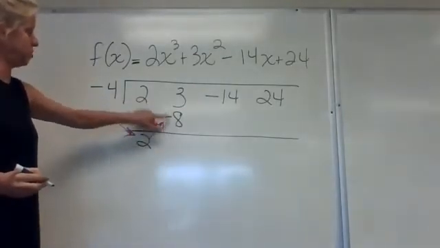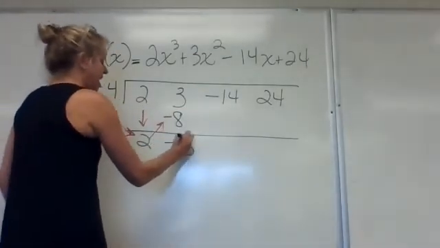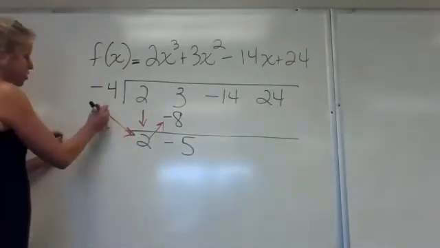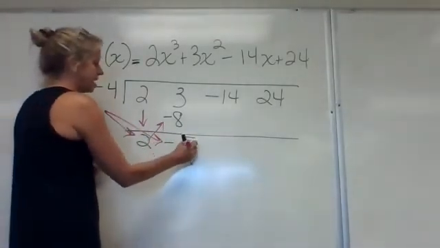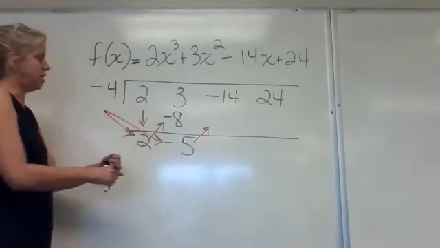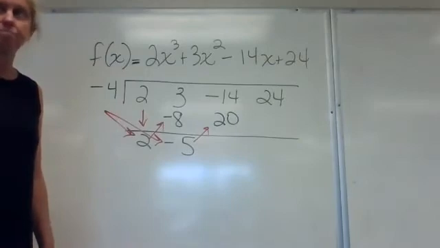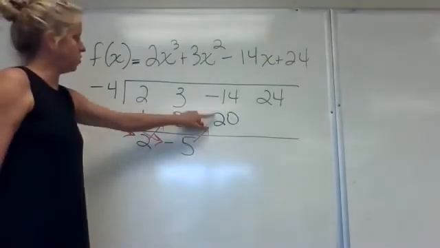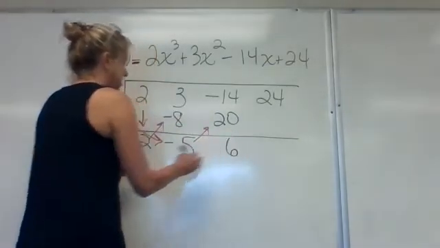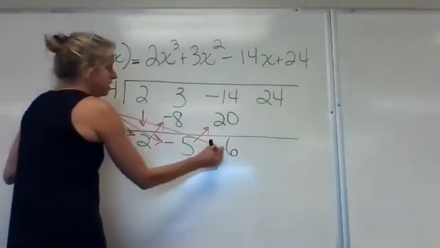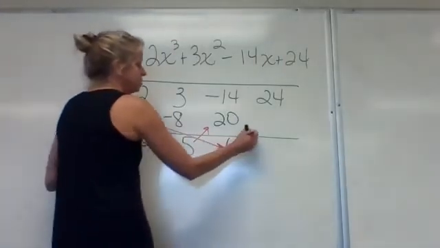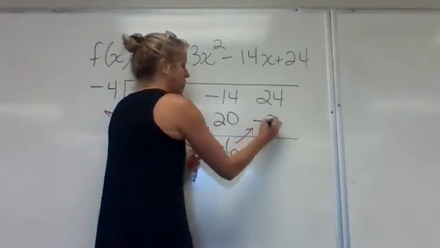Then to combine these, 3 and -8 gives me -5. Start over. -4 times -5 gives me +20. -14 and +20 is 6. And then the last one, -4 times +6 gives me -24.